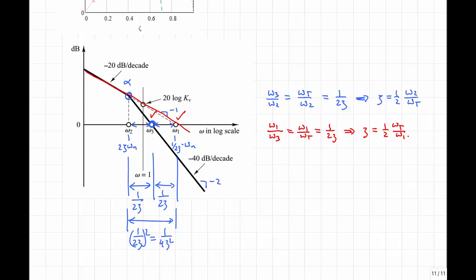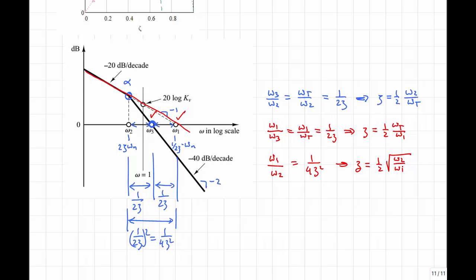And lastly, I suppose we could solve it as omega 1 over omega 2, which would be equal to 1 over 4 zeta squared. So we could solve for zeta this way as well, which would be 1/2 the square root of omega 2 over omega 1.